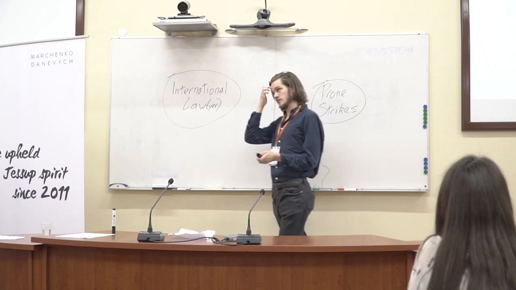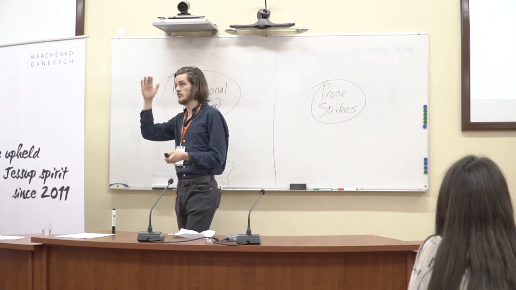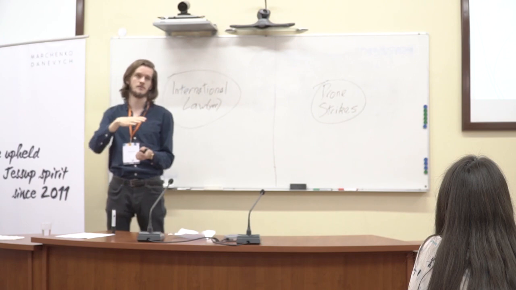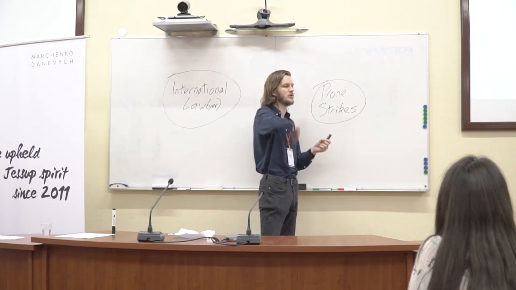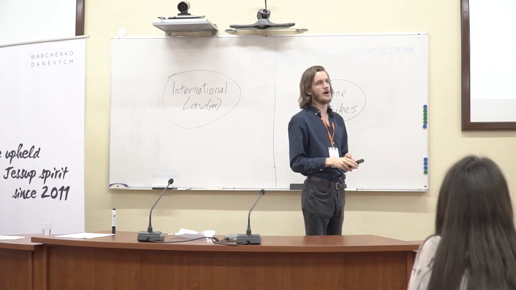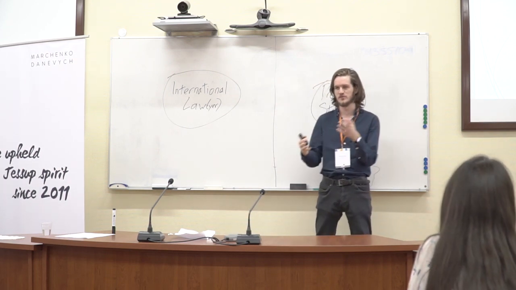In theory, there's no hard hierarchy of law. Custom can sometimes supervene treaty obligations, sometimes treaty obligations will undo custom. There's no hard and fast way of looking at these.